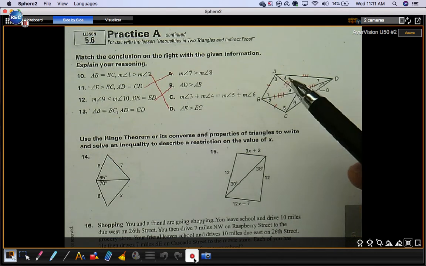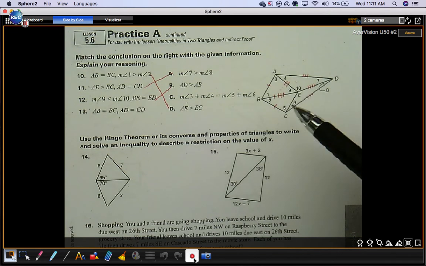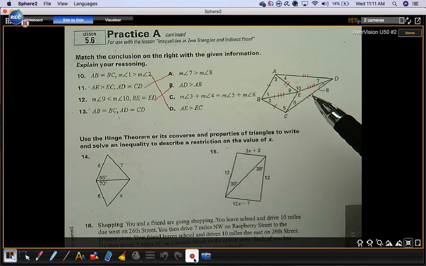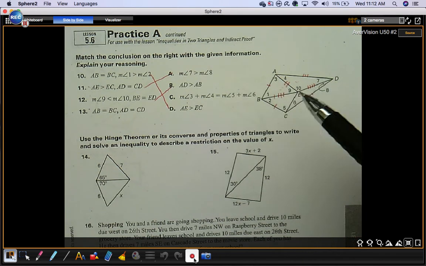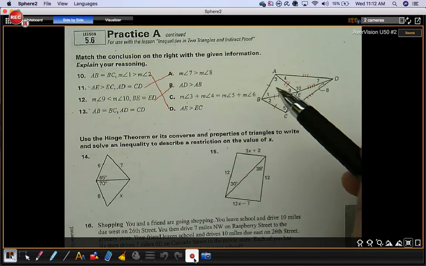Angle 3 and angle 4 together are going to equal angle 5 and angle 6 together because this isn't even a triangle here. Right, so these two angles together are going to be the same as these two angles. Can we say that?